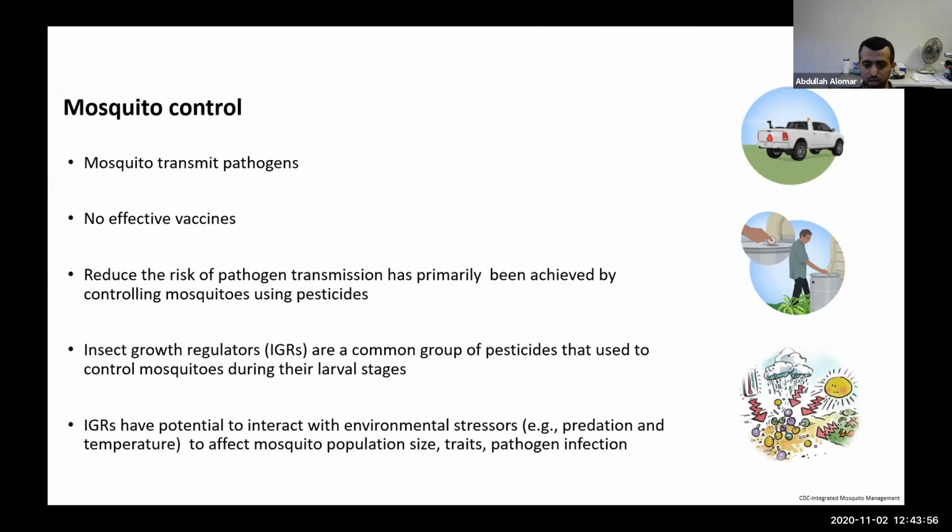Insect growth regulators are a common group of pesticides used to control mosquitoes during their larval stages. The use of insect growth regulators has the potential to interact with environmental stressors, for example, radiation and temperature, to affect mosquito population size and traits and pathogen infection.